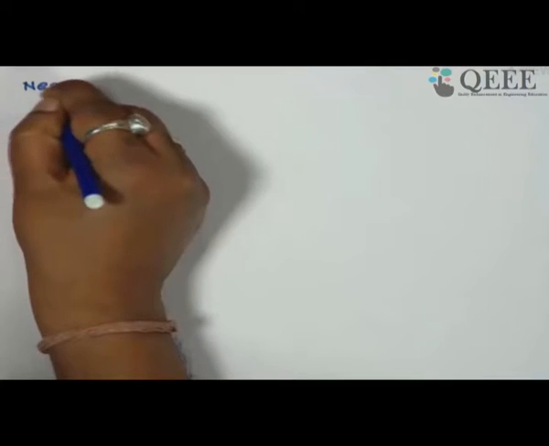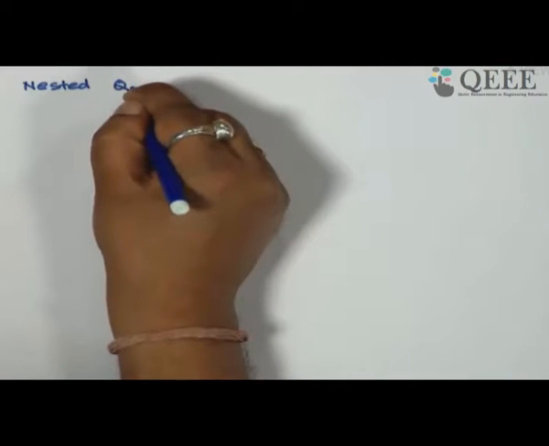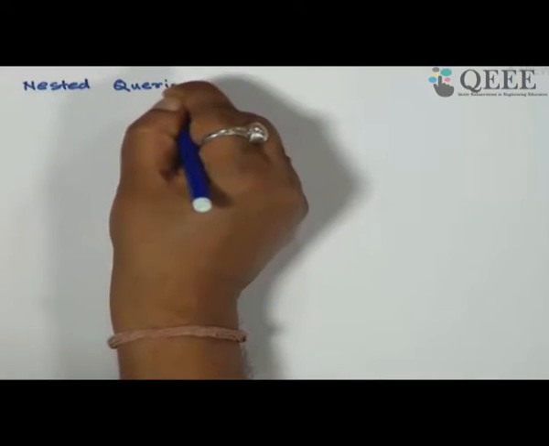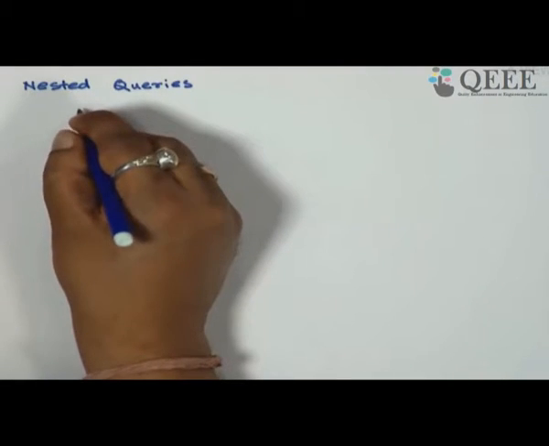For example, you can have nested queries, where the output depends on the result of two queries. Let me take an example.